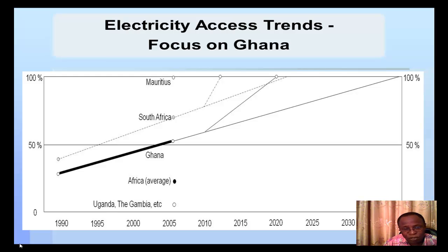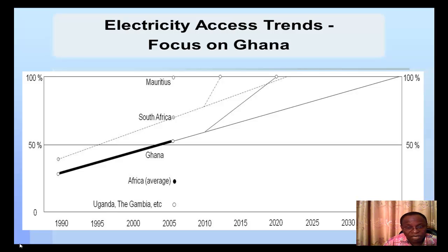This graph here shows Ghana and what our prognosis is for the future. Ghana has come from about 25, 26, 27% in 1990 to a little over 50% in 2006. Right now, Ghana states its access rate at close to 70%.